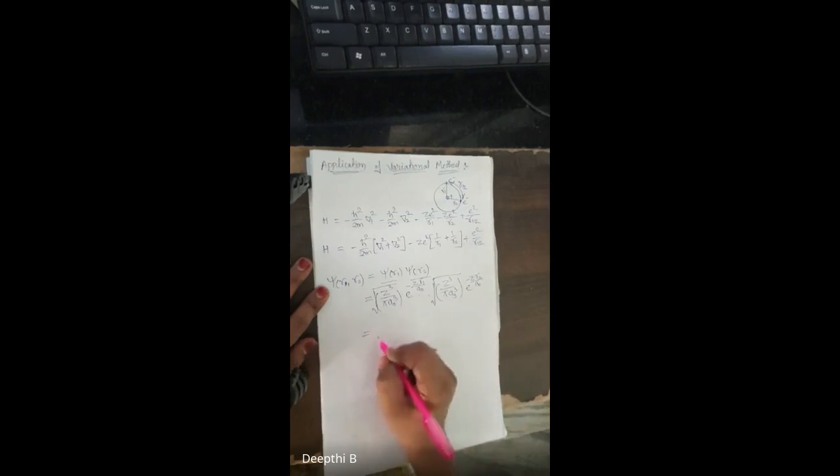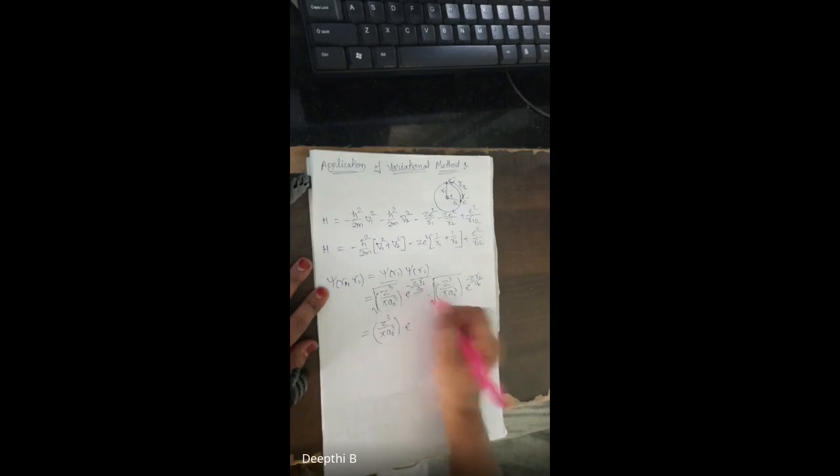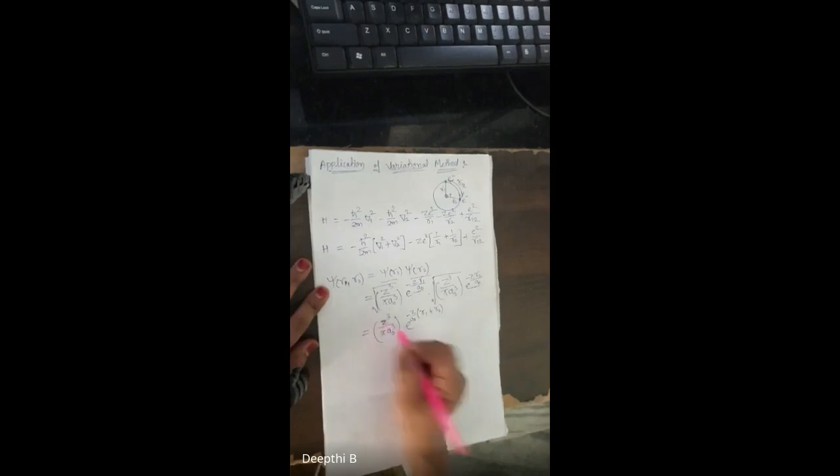So when we multiply these two, the root will go. So here z cube by pi a naught cube into e power, these both are the same, so we can write minus z by a naught into r1 plus r2. We can write like this also. Now here z is equal to how many? 2. 2 electrons, no? 2 particles.